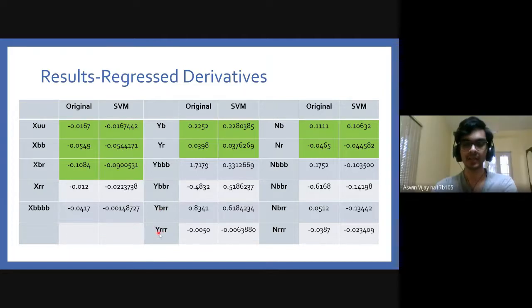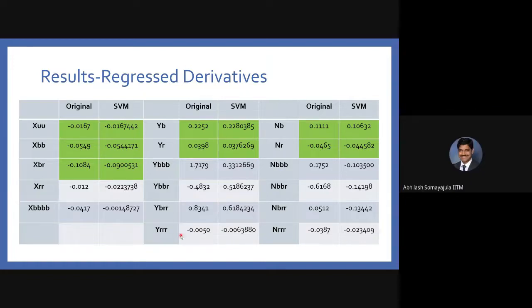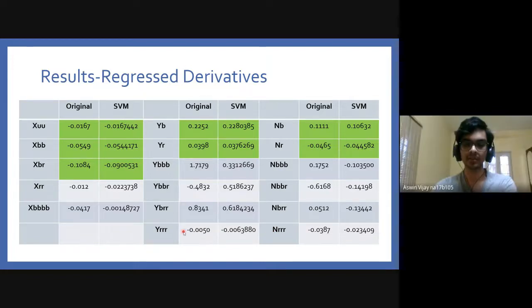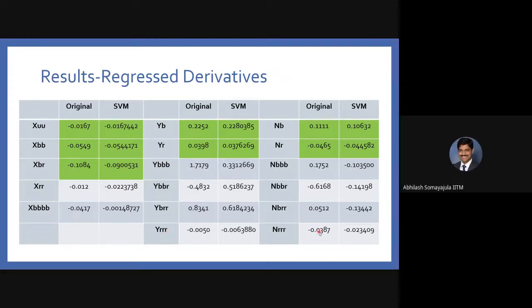Also for this YRR, you can see how small they are. Yes, they are small, and for these terms to get excited, you need a sufficiently high value of R. So it's a question of two things.